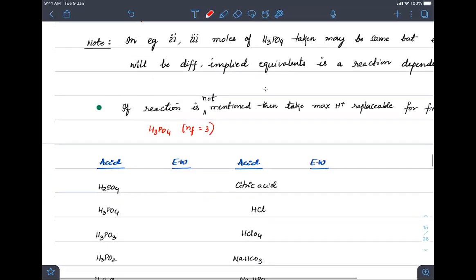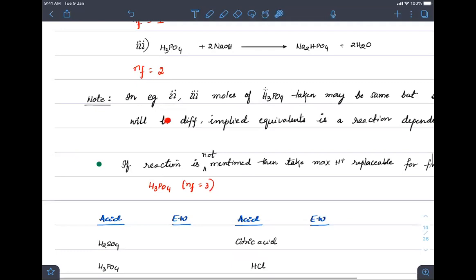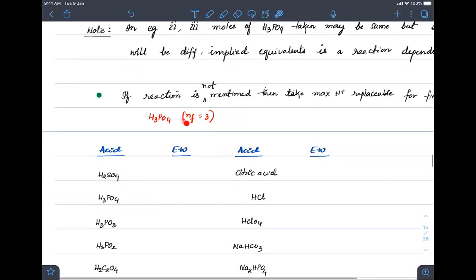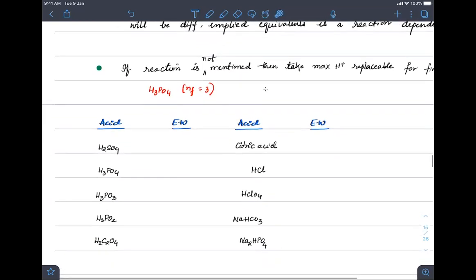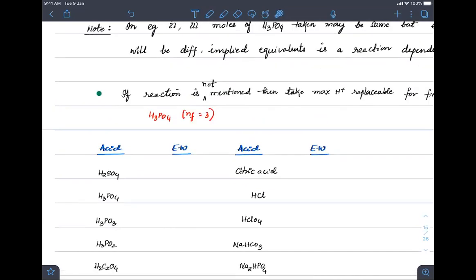If no chemical reaction is mentioned, you will always take it as 3. The maximum number of H plus it can lose would be the valency factor or N factor. I guess that point is clear to everyone.